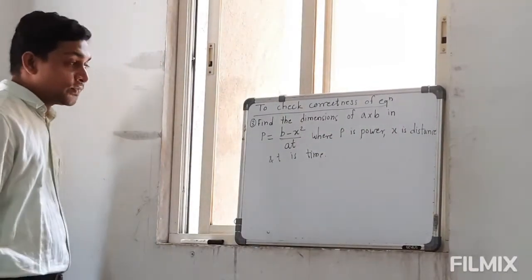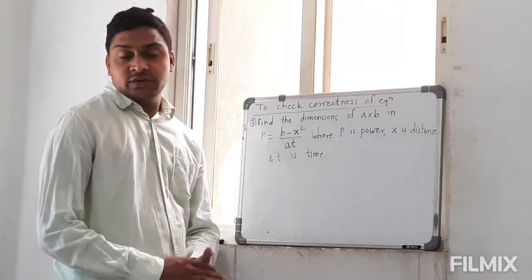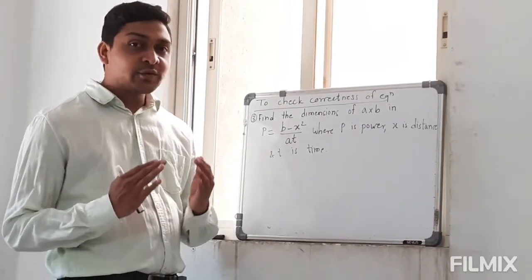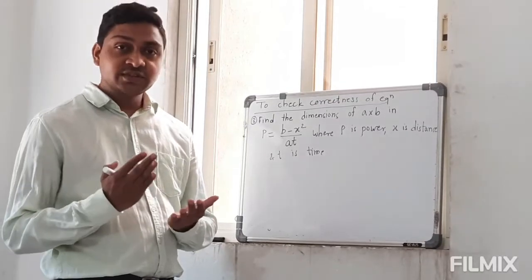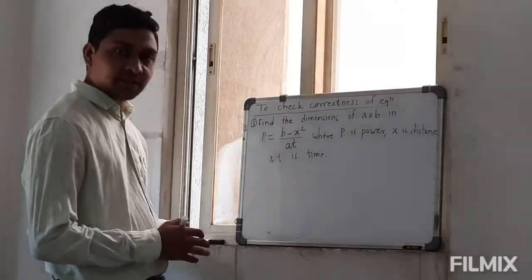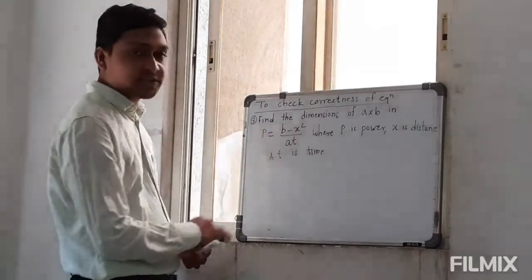So go back to the principle of homogeneity. It says that we can add or subtract only those quantities whose dimensions are the same. Here we can see a simple subtraction, that is B minus x square.